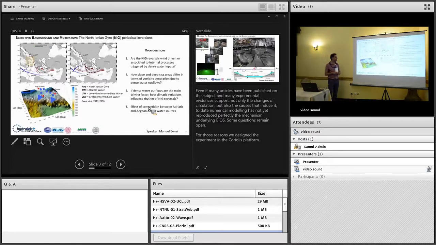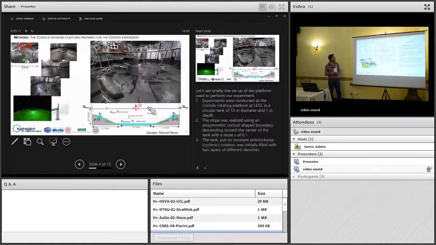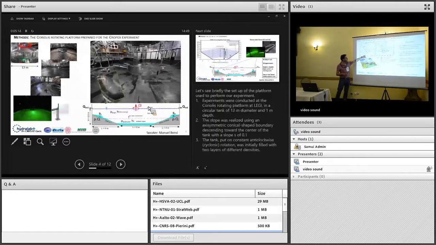Another point is how slope and deep sea area differ in terms of vorticity generation when the dense outflows come out from the Adriatic and fill the deeper part of the Ionian Sea.